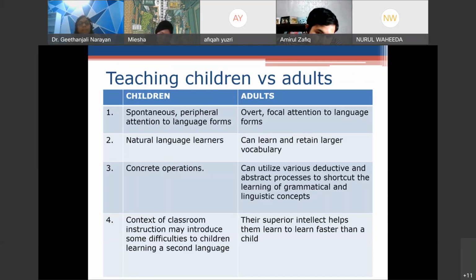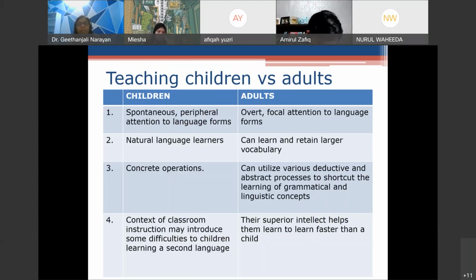All right. And in terms of context of classroom instruction, you can introduce something that is a bit more challenging for children, but you have to be careful because not all the kids can take on that challenge. All right. And those who can't will just give up. Whereas for adults, they can actually learn something faster.